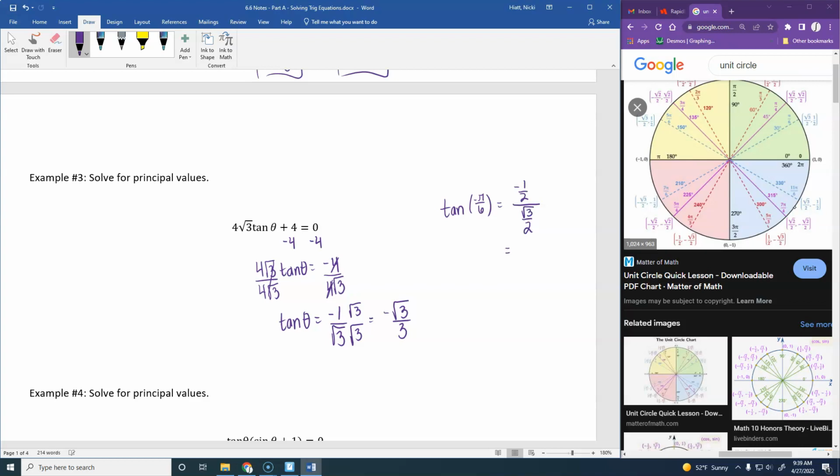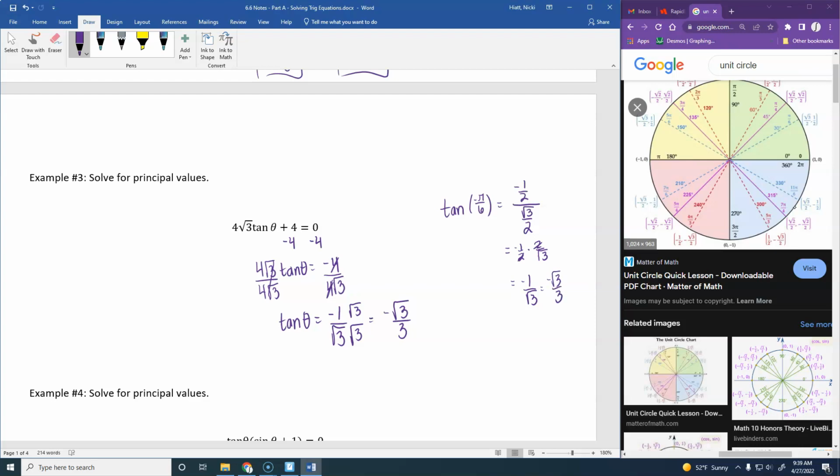And dividing fractions is easy as pie. Flip the second and multiply. Negative 1/2 times 2 over 3. The 2's can cancel here because you're multiplying those together. So you get negative 1 over root 3. I actually probably could have left it like that, which is also negative root 3 over 3.